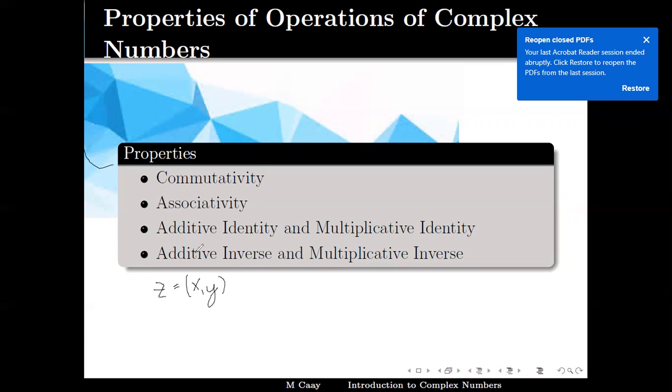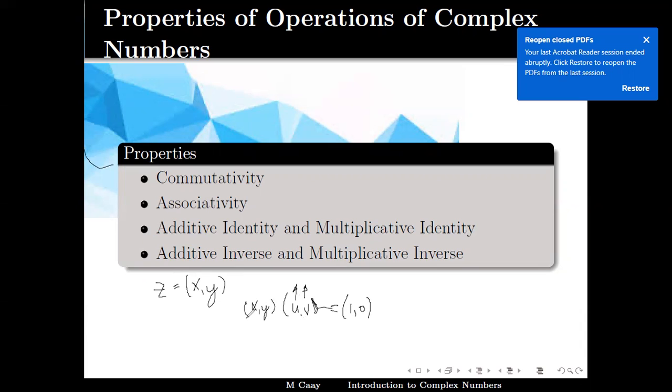Our multiplicative inverse can be found this way: we multiply it by (u, v) and we have to get the multiplicative identity (1, 0). Our goal here is to find the values of u and v.